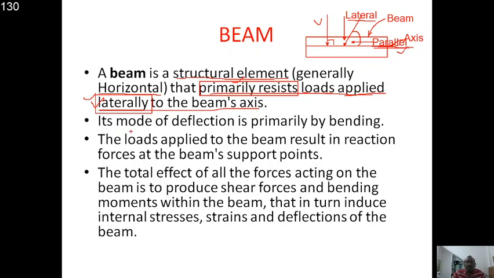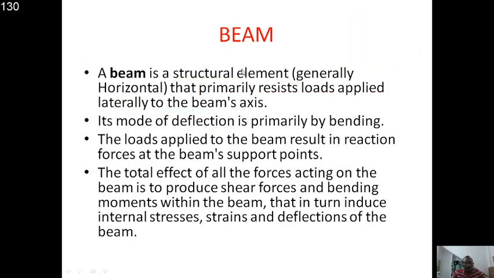And its mode of deflection is primarily by bending. Before going further, we have to understand what deflection is. You have generally walked on a bridge across a river at some time.